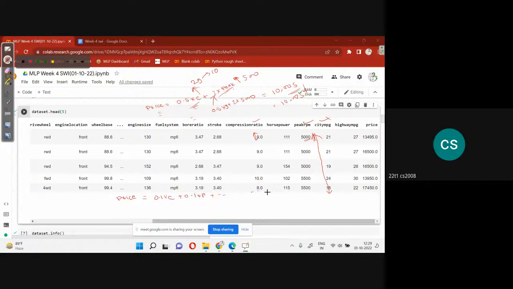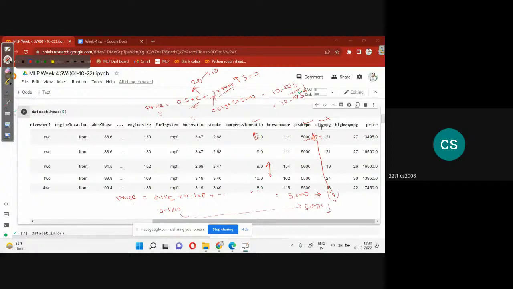Then if your price is, let's say, 5,000 when your compression ratio was 9, and it changes from 9 to 10, the price value will change very small. It will change by a small fraction.